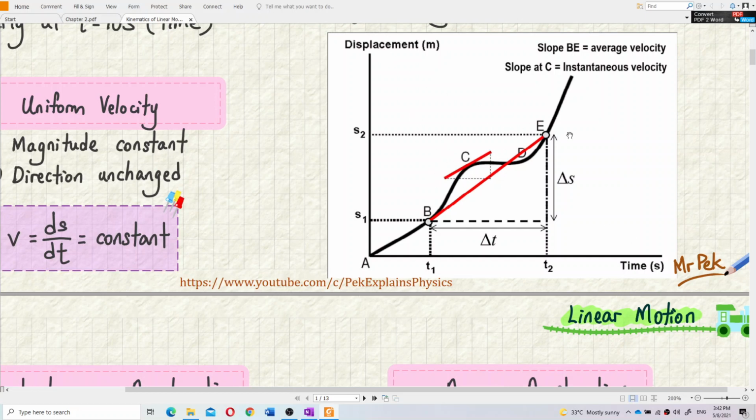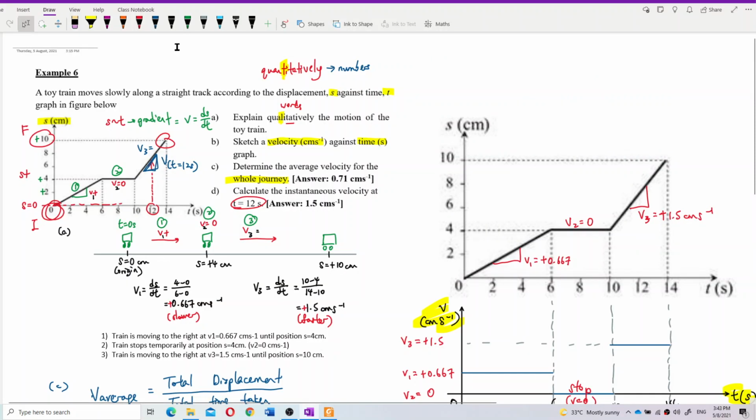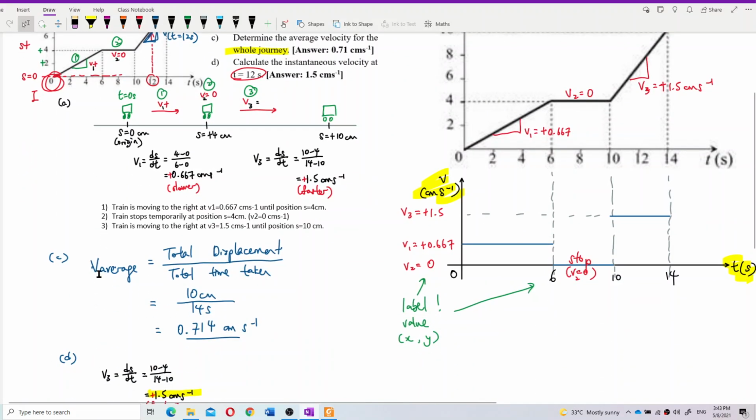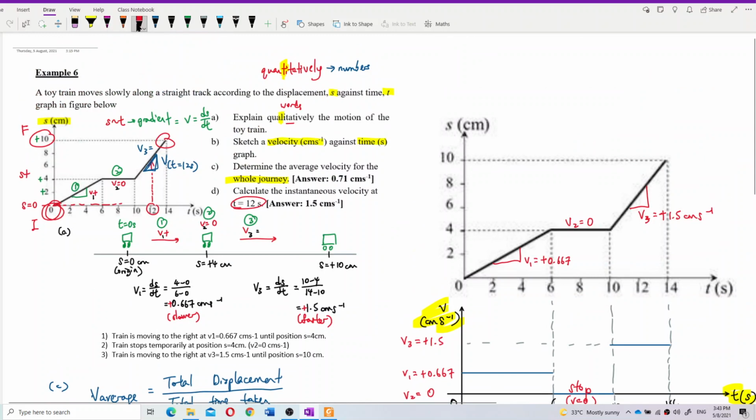This is the average velocity. You need to take this point to this point, initial to final point, delta S divided by delta T. That's the average velocity. Instantaneous velocity is only one point. So just now the average velocity, we took from here up to here.